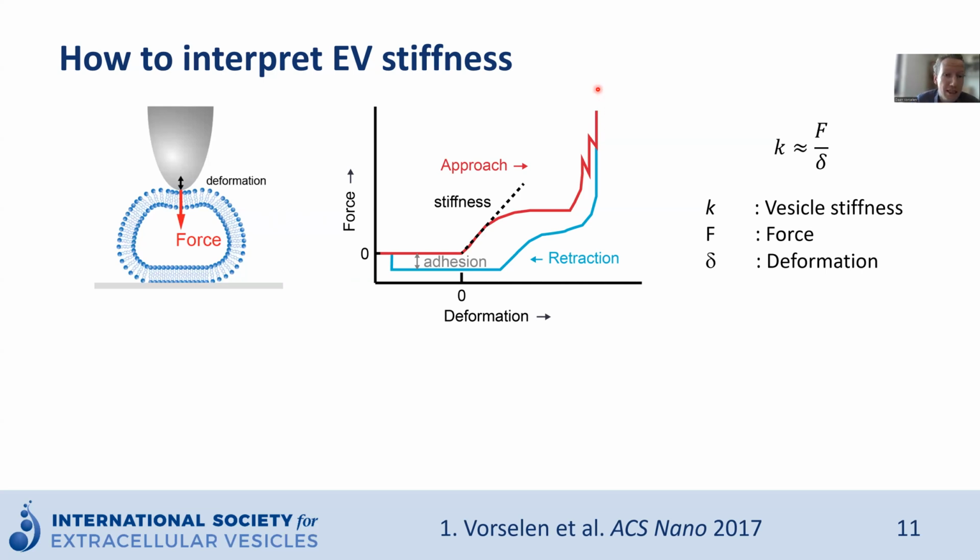And these discontinuities actually reflect the penetration of the two lipid bilayers. Now, this signature can, for example, be used to distinguish an EV from any other particle, because if you don't have lipid bilayers, you don't have these signature discontinuities.